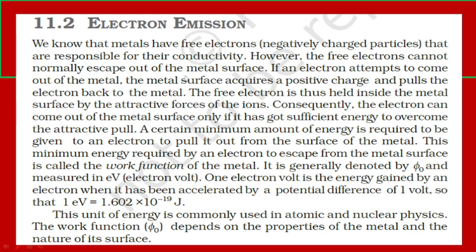So, if an electron attempts to come out of the metal surface, the surface acquires a positive charge. Suppose the electron has come out from the metal. What will happen? The electron deficiency will take place, due to which the metal surface will acquire a positive charge.